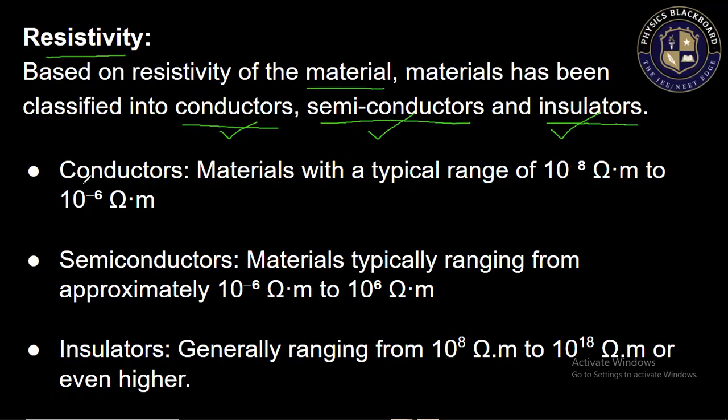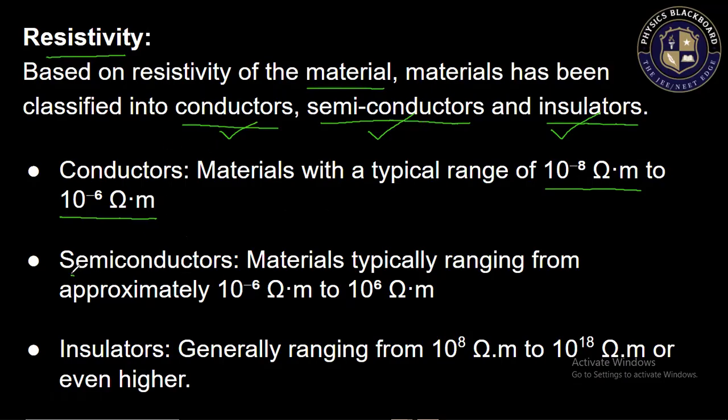Coming to conductors, if you see the resistivity value of conductors, the typical range will be 10 power minus 8 ohm-meter to 10 power minus 6 ohm-meter. That means their resistivity is very low, so they can conduct electricity.